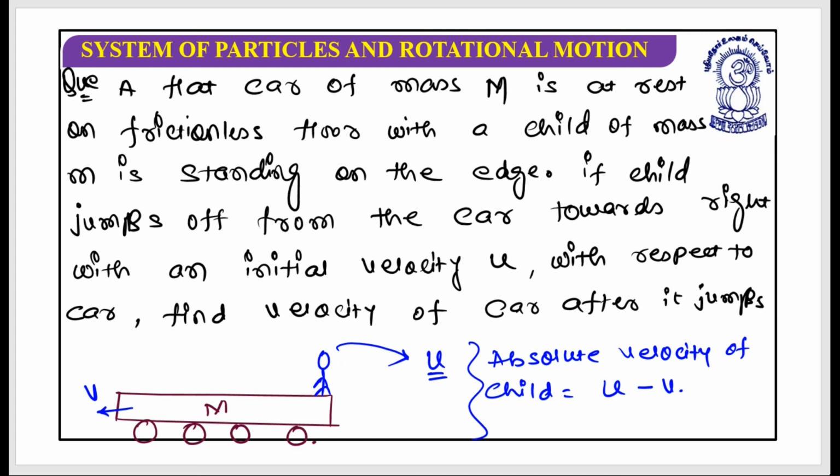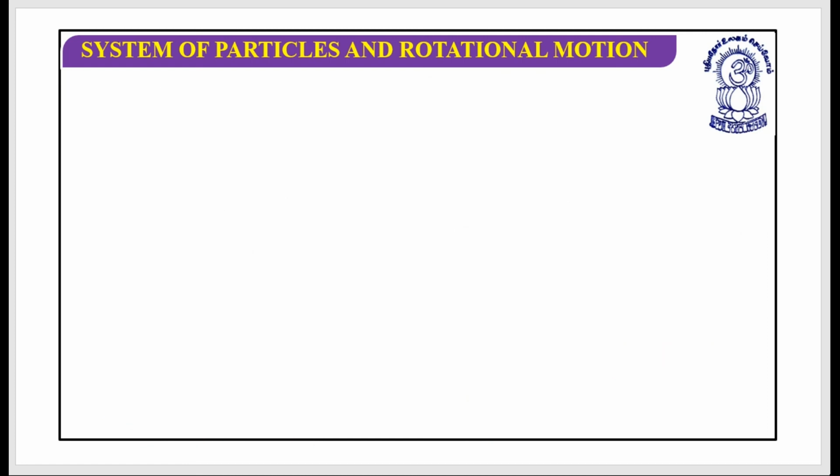So let's do the same thing that we have done up till now, that my momentum would be conserved. That means Pi equals Pf. Initially it was 0. Let's suppose the child is moving in the positive x direction, with u minus V. Then the car is moving in the negative x direction.